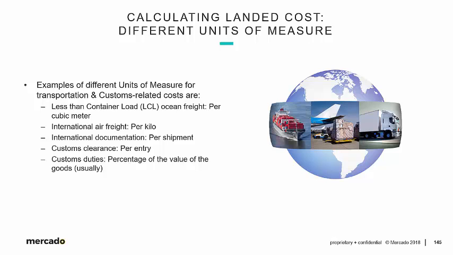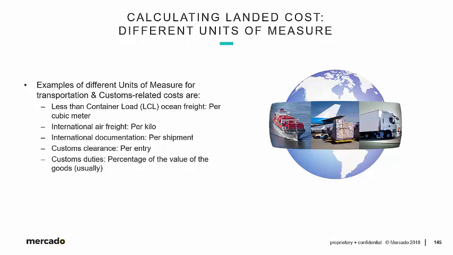We buy in smaller quantities from multiple vendors that are spread out all over the place, and we can't consolidate in containers, so we have to use less than container load ocean freight. That's on a per cubic meter basis. If we use air freight, that's going to be on a per kilo basis. So what becomes of a landed cost calculation for a given item from the same vendor where we use a mix of ocean freight and air freight? That's a complex calculation.